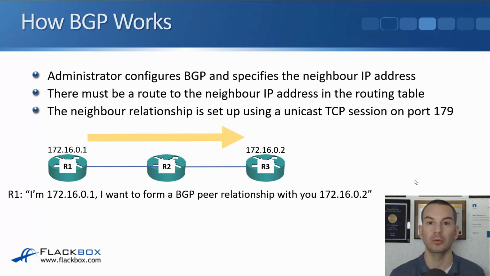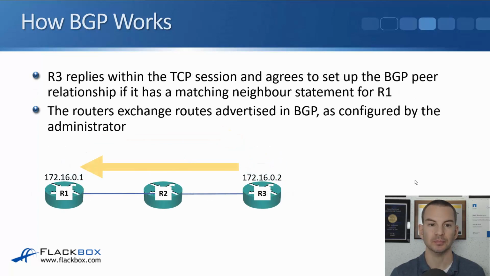R1 will send that out as TCP unicast traffic. It says, I'm 172.16.0.1, sends that to the destination of 172.16.0.2, and says that it wants to form a BGP relationship with it. R3 will reply within that TCP session, and it will agree to set up the BGP peer relationship if it has a matching neighbor statement for R1.